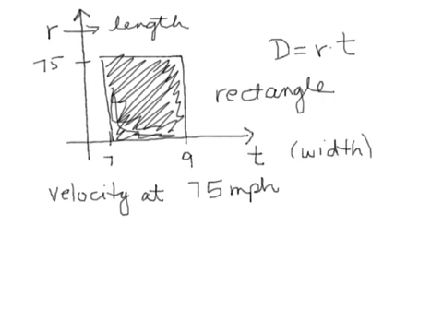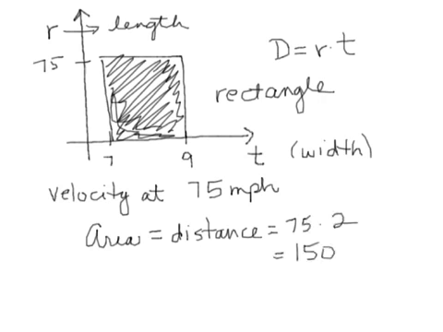So we could say that the area in that rectangle is the same as the amount of distance that I have traveled. So my area here is equal to distance, which is equal to 75 times 2, and I have traveled 150 miles.